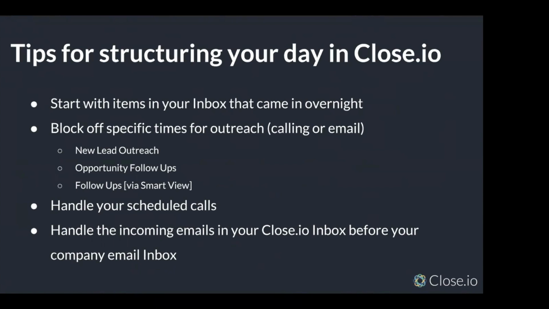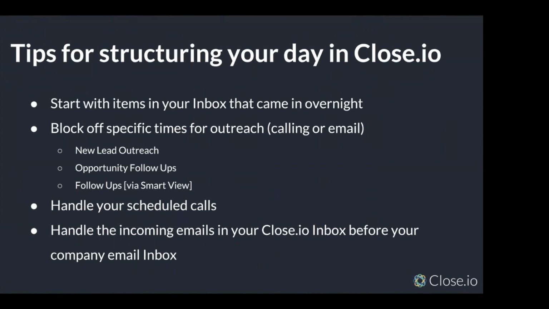So, tips for structuring your day in Close.io: again, start with items in your inbox. Then one of the big things is to block off specific times for certain types of outreach. So if you have a smart view of all the potential leads that you've never called and there's 500 people in there, you could try to call all 500 of them, but you might be better off doing as many calls as you can in an hour or 2 hours and then moving on to another type of outreach.